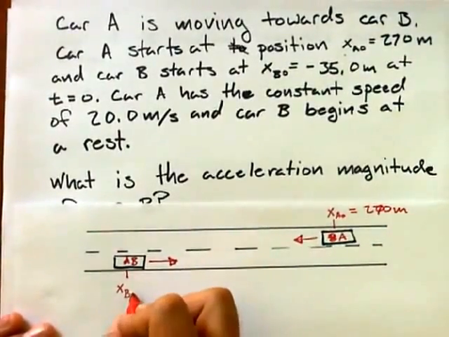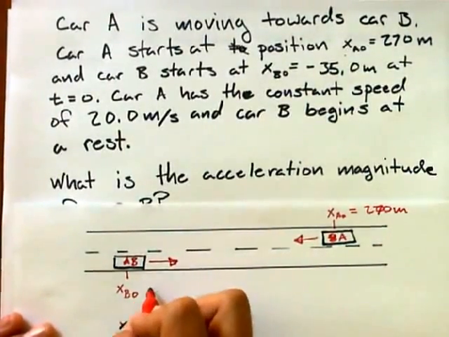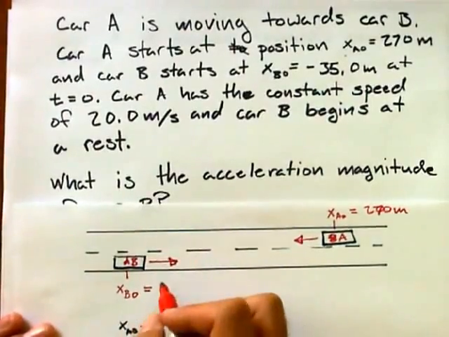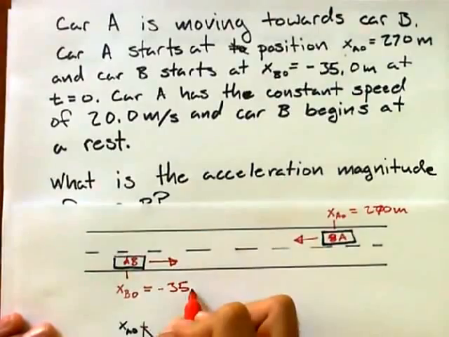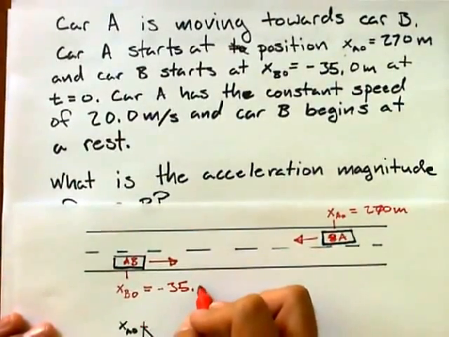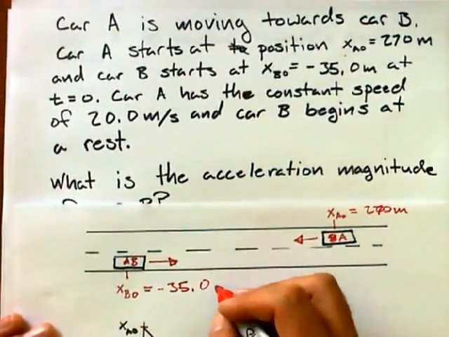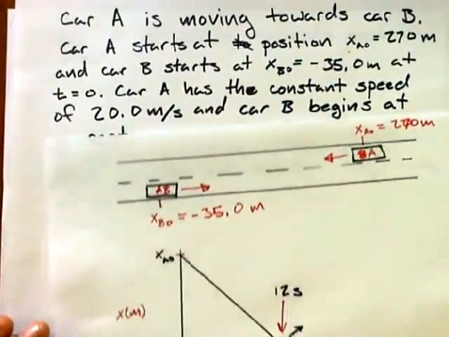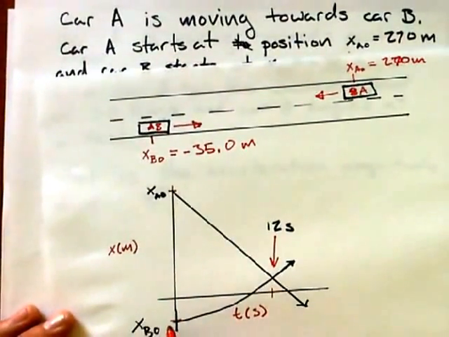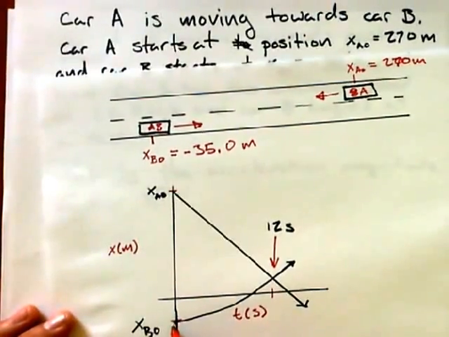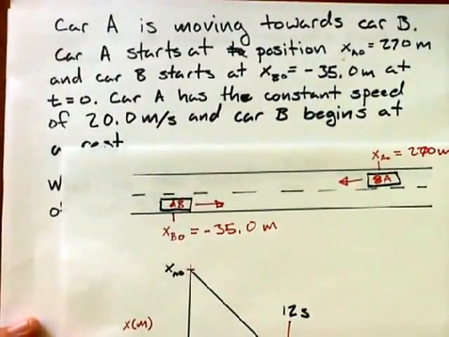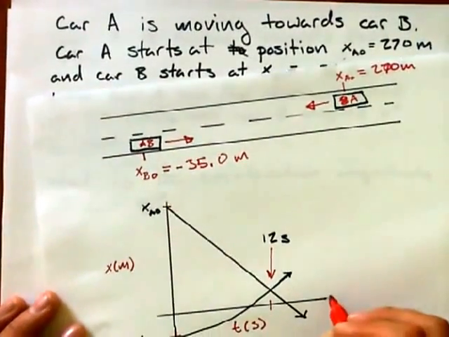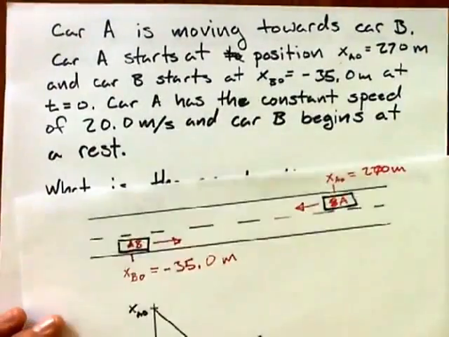And then we have x_B0, which is negative 35 meters. Which makes sense when we look at our graph: we see that x_B0 starts below on our x-axis, and as it goes forward, it hits 0 on the t-axis.